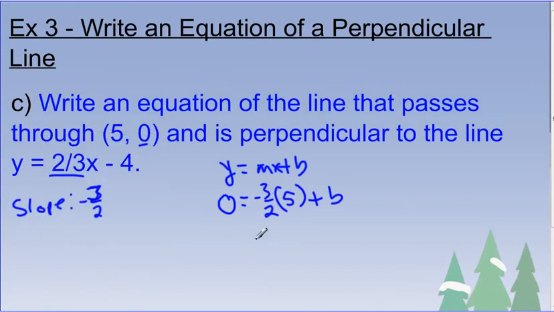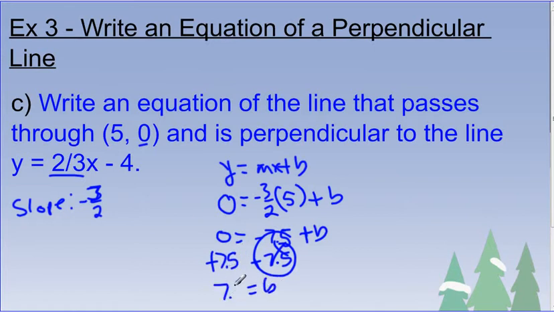Negative 7.5 plus b equals 0. The way we get rid of this negative 7.5 is we add 7.5 to both sides, and we got b equals 7.5. So then we just rewrite the thing. We just plug in y equals, our slope is negative 3 over 2, x, and our intercept is a positive 7.5. And we're done.